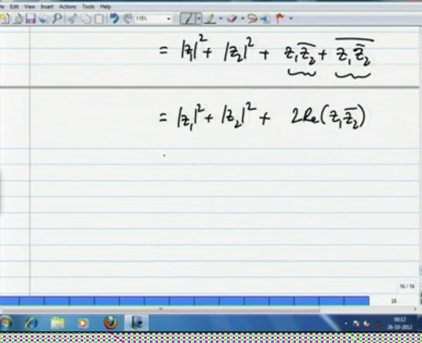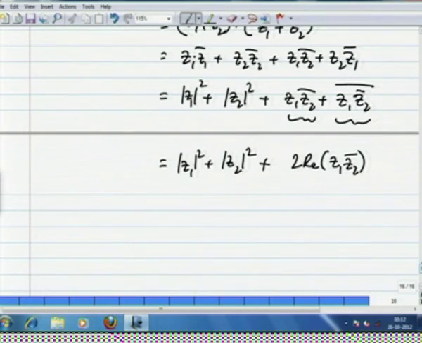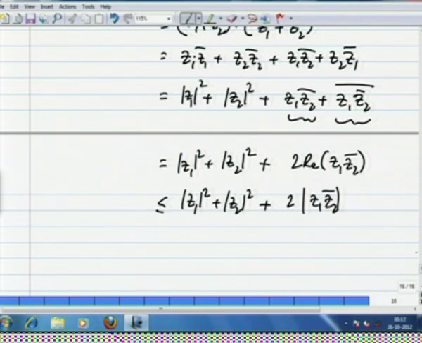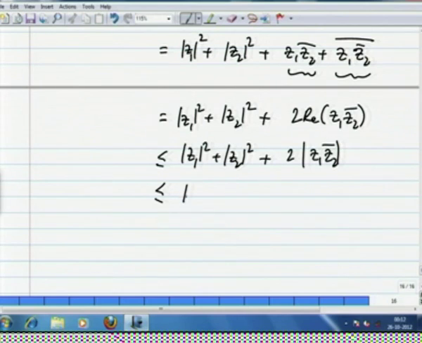And then this, by the property we saw previously, is less than or equal to modulus of z 1 squared plus modulus of z 2 squared plus, well, the real part is less than or equal to the absolute value of the real part, which in turn is less than or equal to the modulus of the complex number z 1 z 2 bar. And then once again the modulus distributes over the product. So, this is equal to 2 times modulus of z 1 times modulus of z 2 bar.